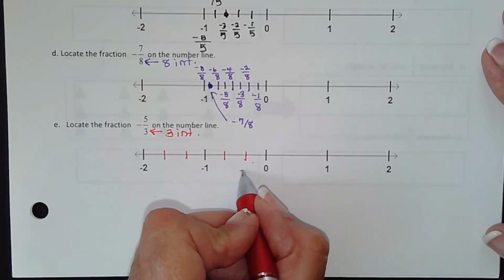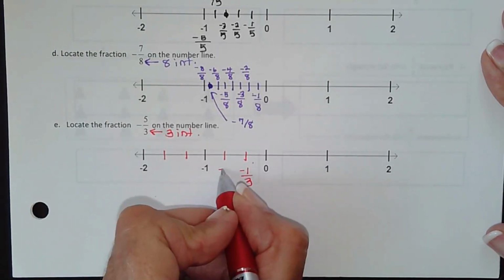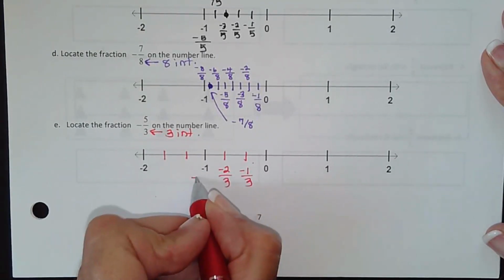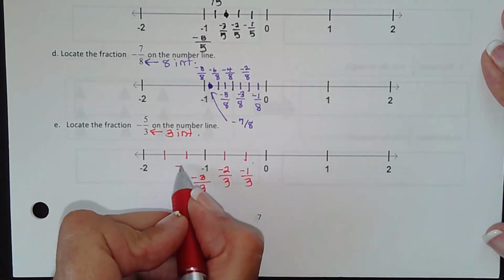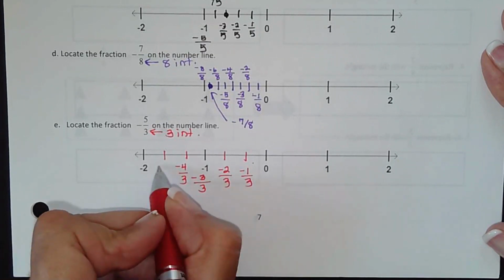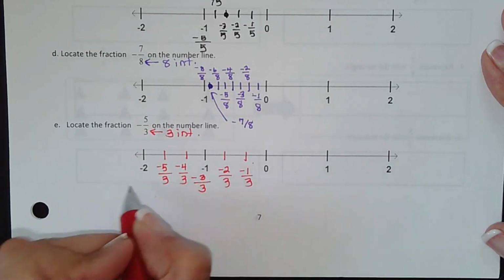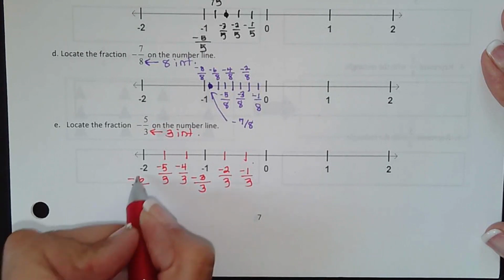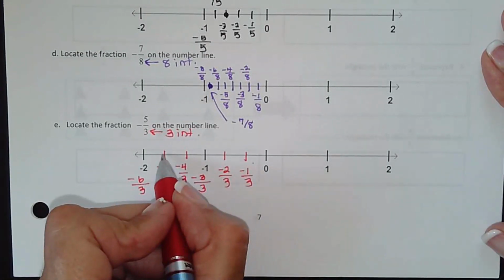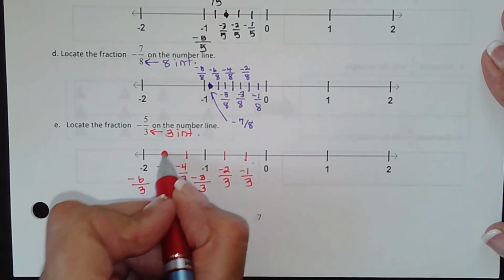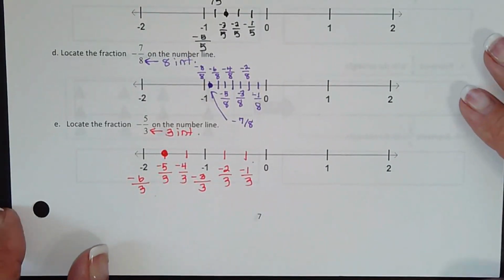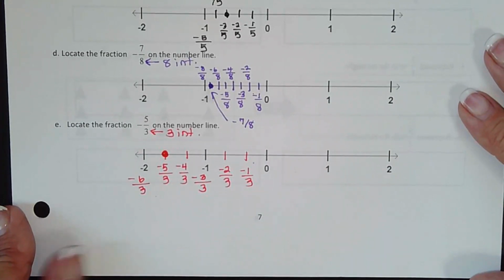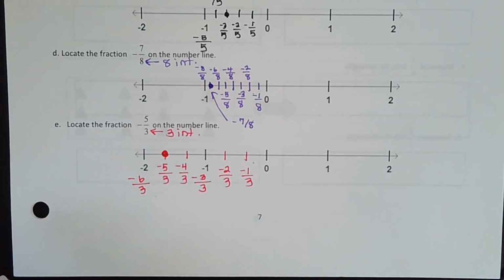So this is -1/3, -2/3, -3/3, which is -1 as it should be, -4/3, -5/3, and -6/3. -6 divided by 3 is -2, so we're in the right place. And now put a location point at -5/3. Done! So I'll see you in the next video for the second part of this packet.